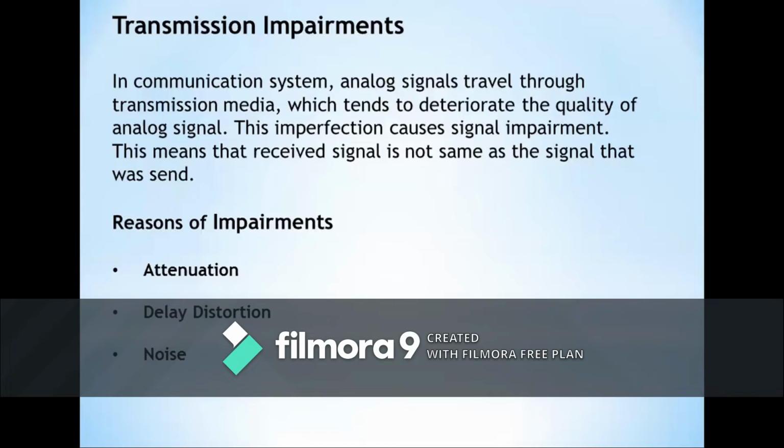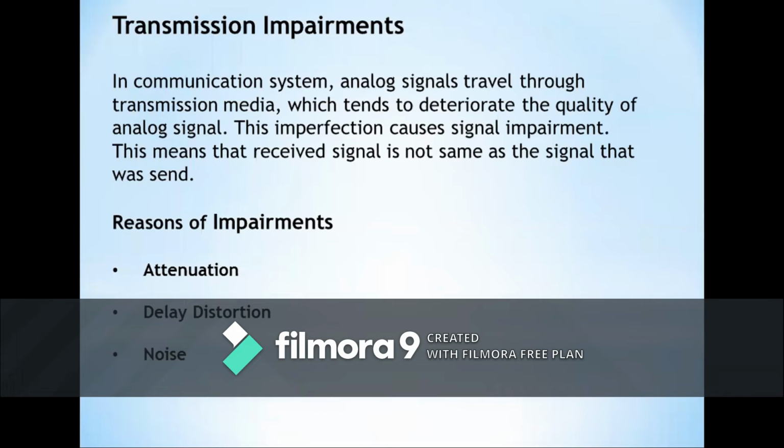First is thermal noise. It is due to thermal agitation of electrons. Thermal noise is present in all electronic devices and in the transmission medium. Thermal noise is proportional to the temperature and it is uniformly distributed across the frequency spectrum, so thermal noise is called white noise.